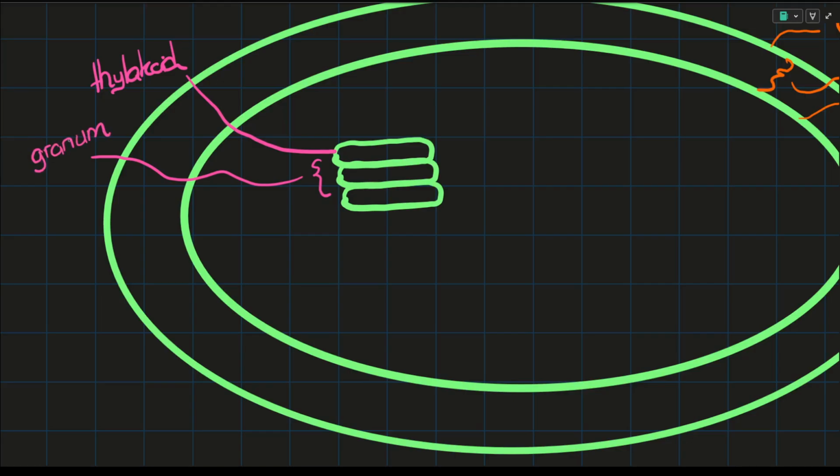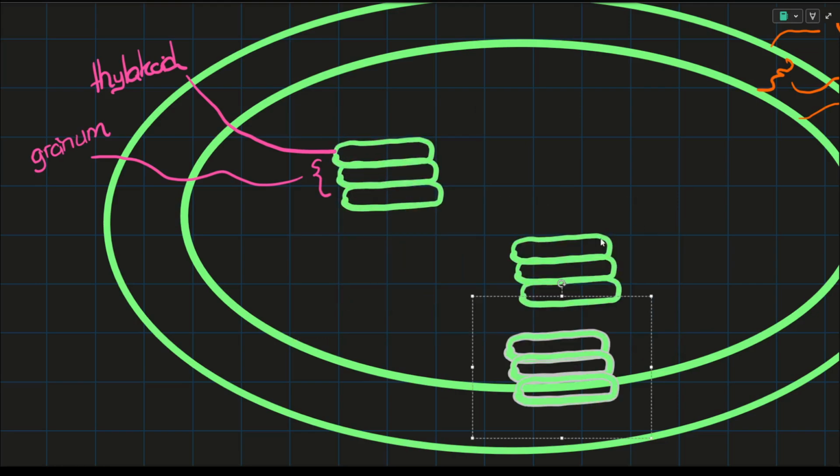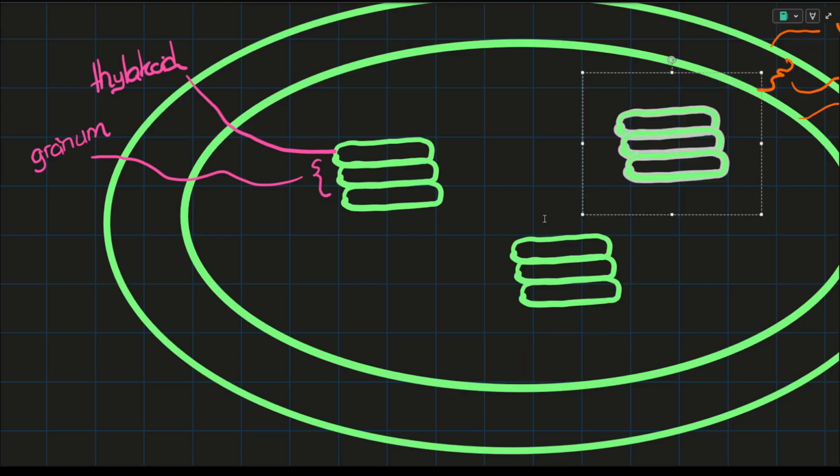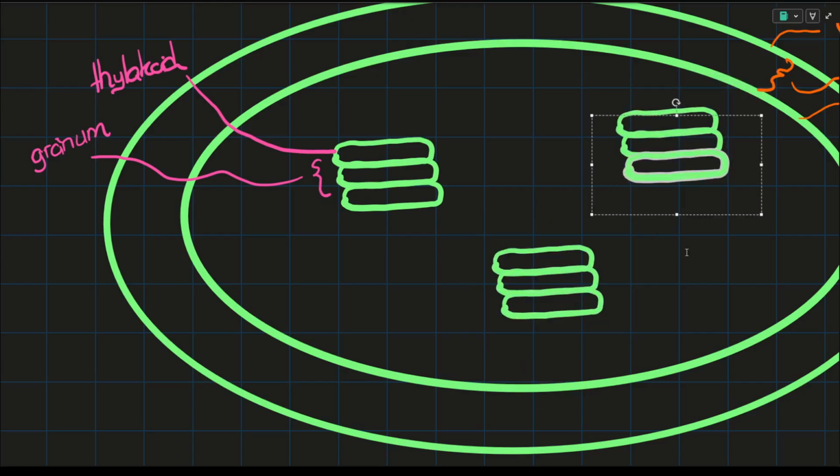We refer to all of these things as a granum. And chloroplasts have not one, not two, not three, but a number of granums. And we don't really call them granums. The plural form of granum is grana.